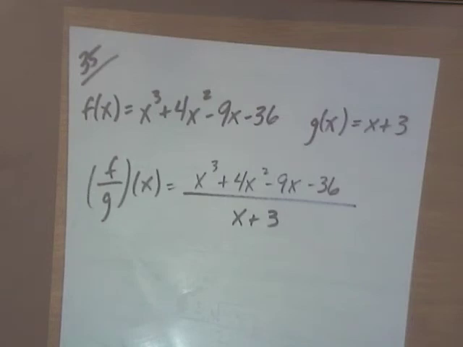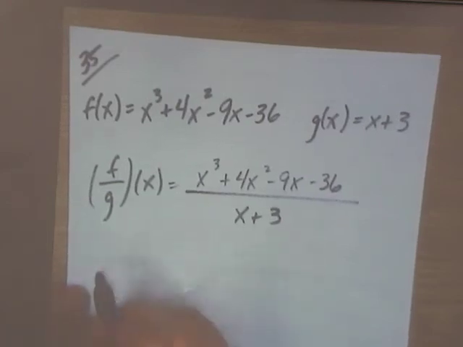All right, how are we going to simplify that? We can factor the top equation, can't we? We can do synthetic division, I heard, right? We can do long division, right? Synthetic, I think, would be easier.